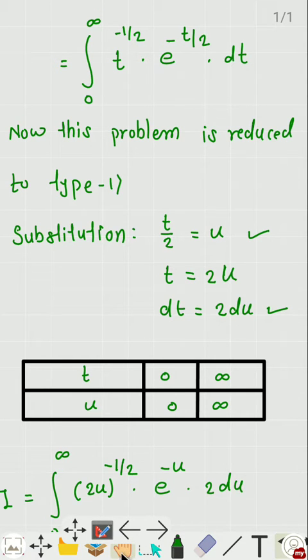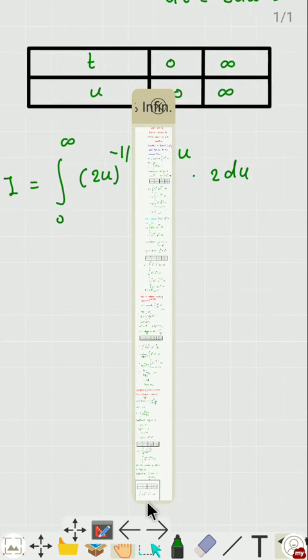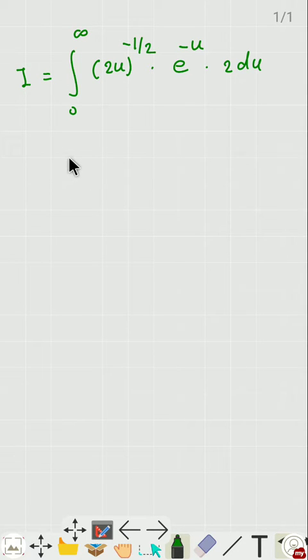Now we again simplify this integration. Constant terms are outside, root 2 is a constant which we will take outside, integration of 0 to infinity, and what is left inside is u raised to the power minus half e raised to the power minus u du.